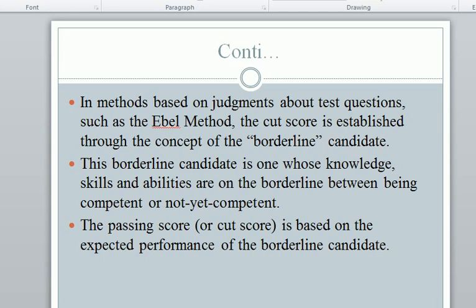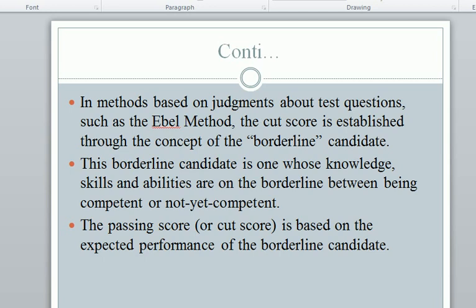A borderline candidate is one whose knowledge, skills and abilities are on the borderline between being competent or not yet competent. In this method, two terms are used separate from pass and fail.